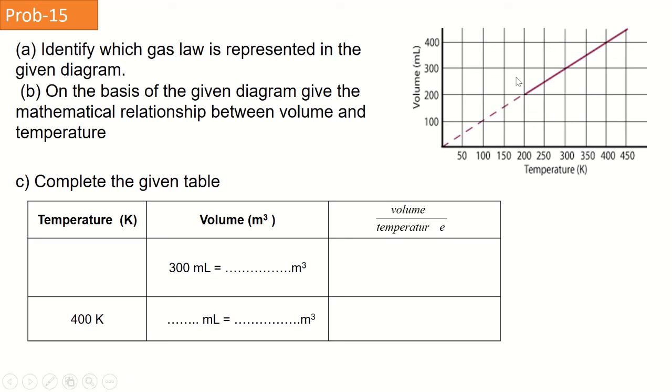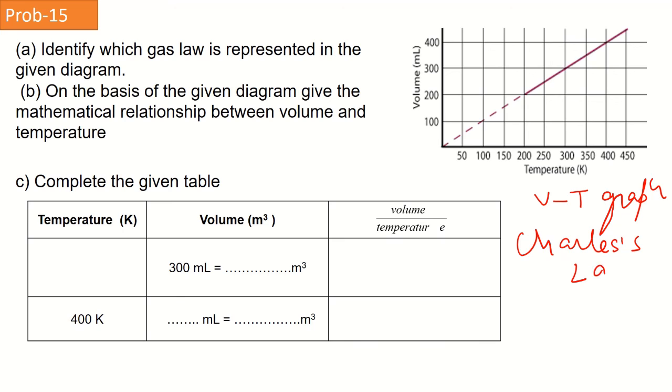Here on the y-axis there is volume, and on the x-axis there is temperature. So this is a VT graph, and the VT graph is used for Charles law.